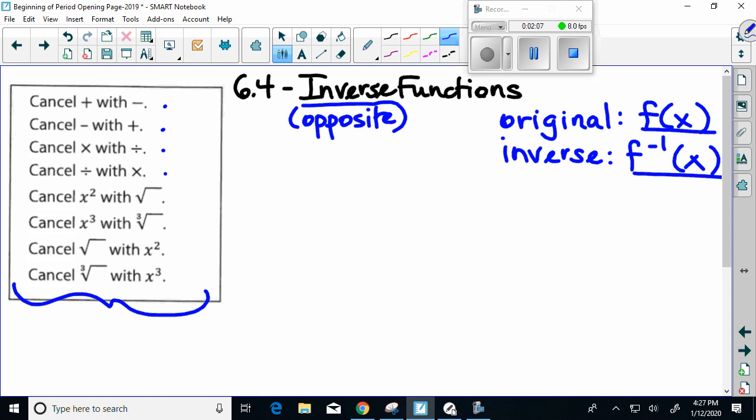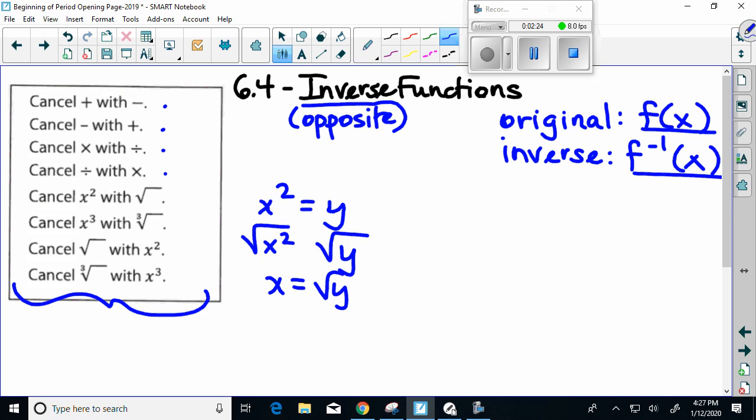If you have something raised to the second power, for instance x squared equals y, to get x by itself, you would take the square root of both sides. If you have something raised to the third power, it means the exact same thing.